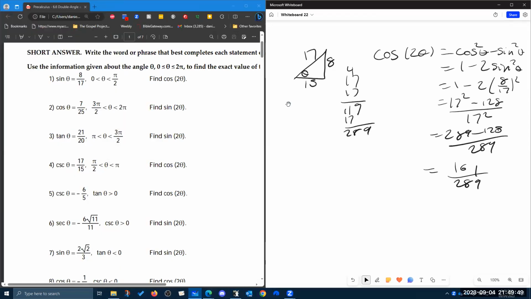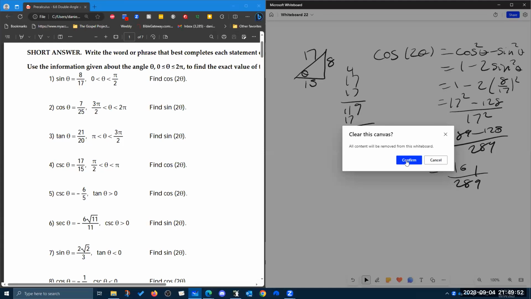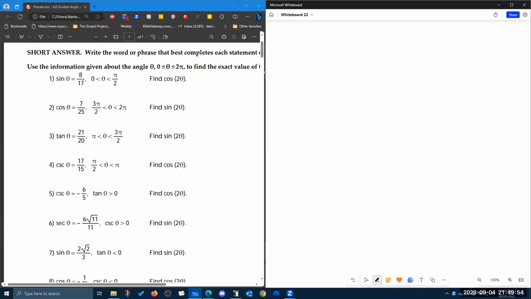So moving on to number 2. Cosine theta equals 7/25, and I'm in quadrant 4. This is a -24 here. And there's my theta.